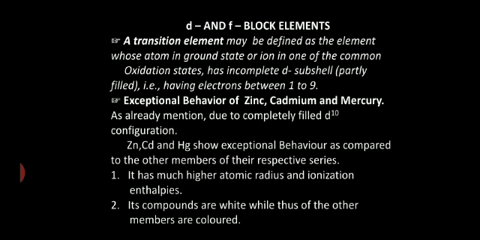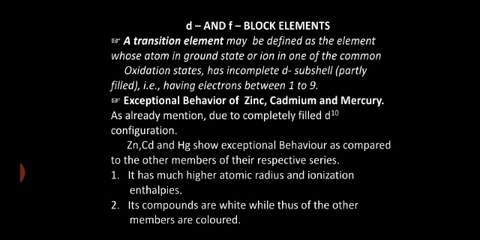Transition elements are those elements which possess incompletely filled d orbitals in the ground state or in their ions existing in chemically significant oxidation state. You can see on your screen that a transition element is defined as an element whose atom in the ground state, or ion in one of the common oxidation states, has an incompletely filled d subshell.